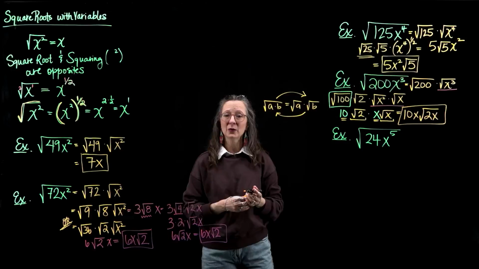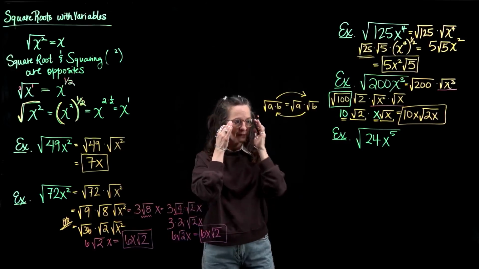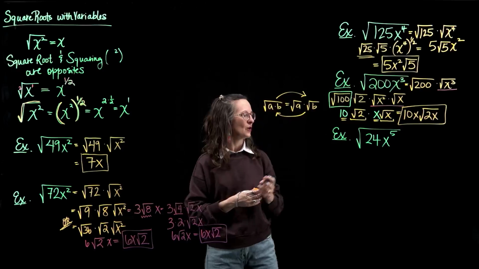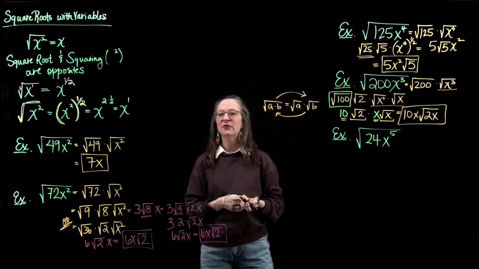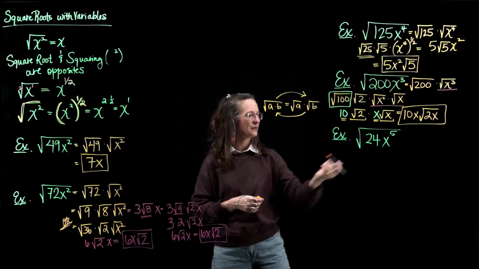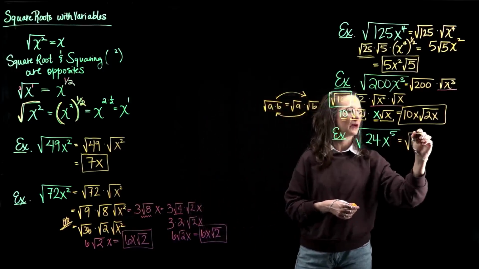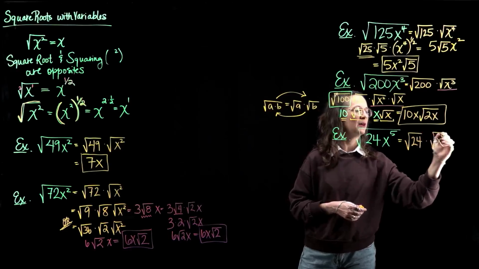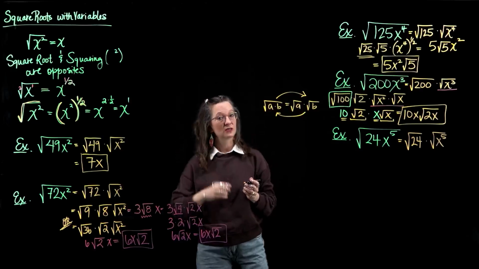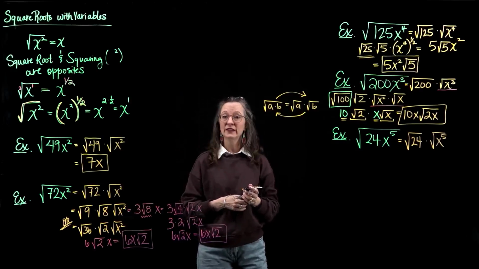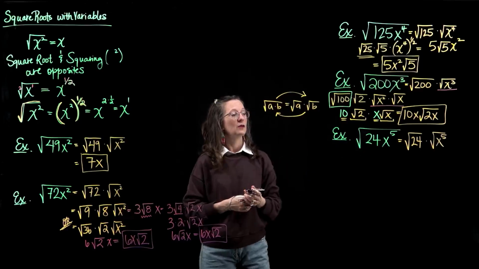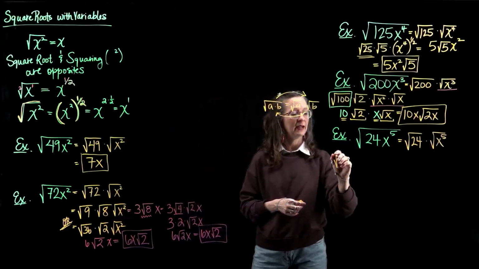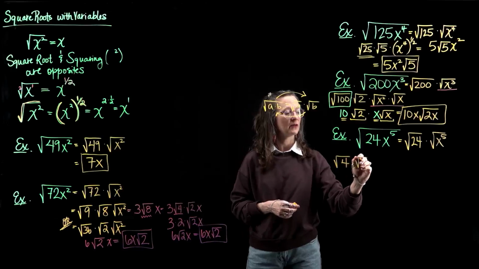All right, let's try another one similar to that. So, the square root of 24x to the 5th power. This would, of course, be the square root of 24 times the square root of x to the 5th power. I'm going to approach this very much the same way as our previous problem. 24 I'll rewrite as the square root of 4 times the square root of 6.